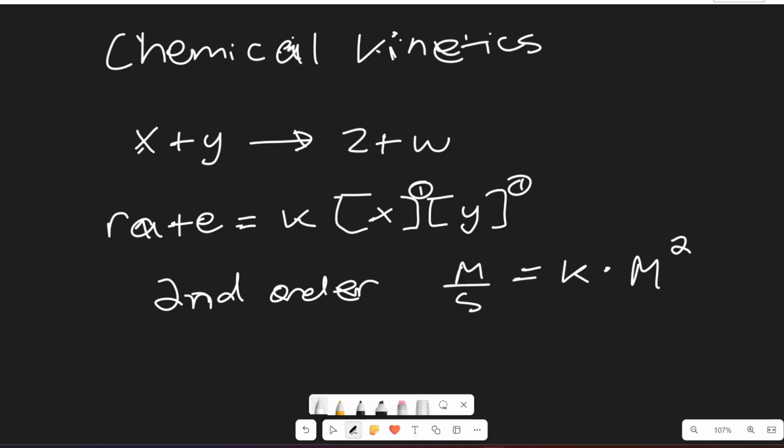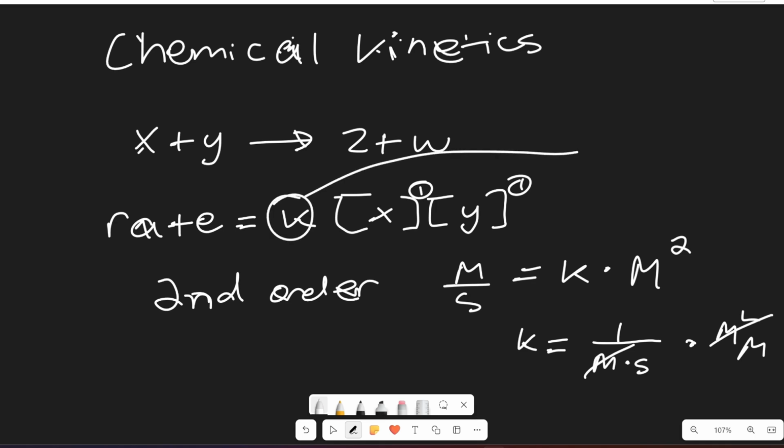So the units of K would be K equals 1 over molarity seconds, because we want to cancel out one of the molarities, so this M squared here would become just M, and then we would get molarity over seconds to get the proper units there. And one thing to note about this K, this is a constant for a reaction, and this is temperature dependent.